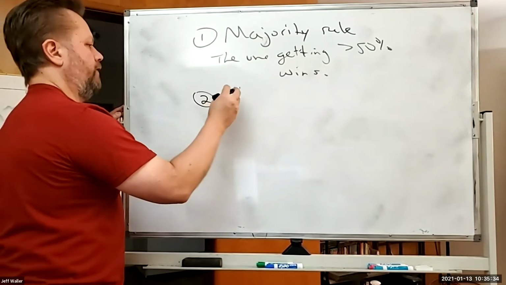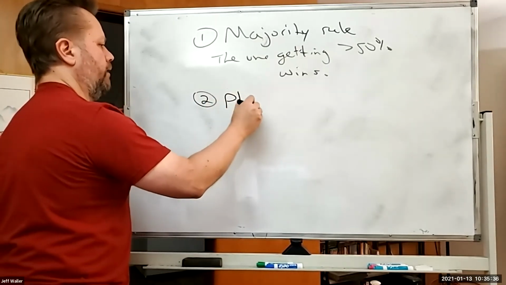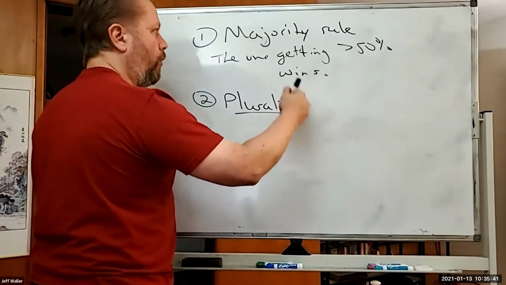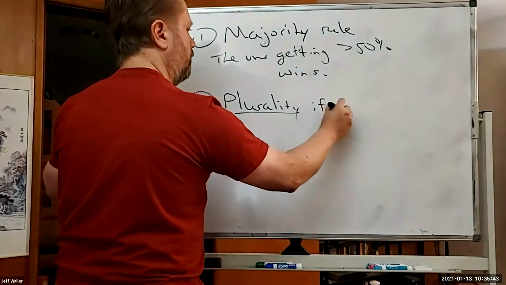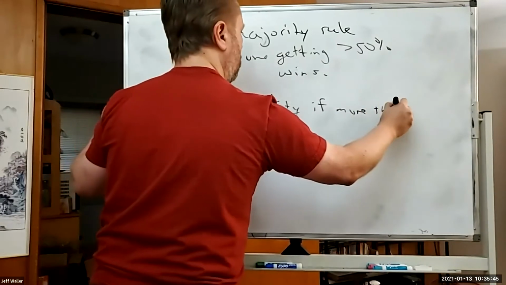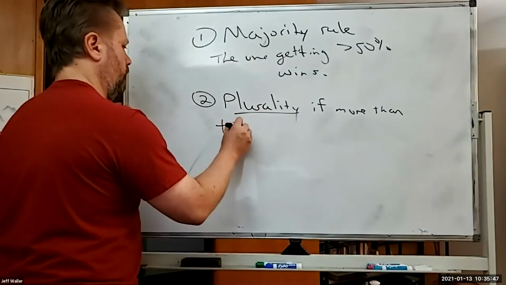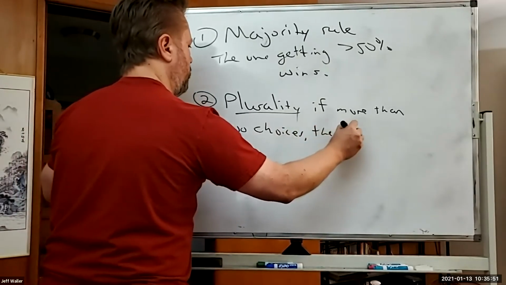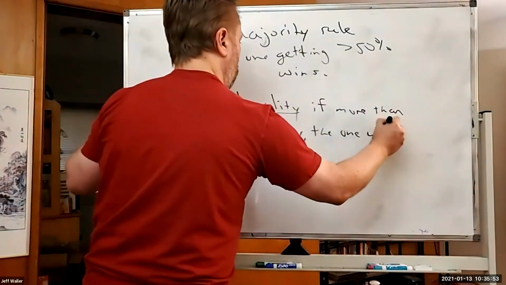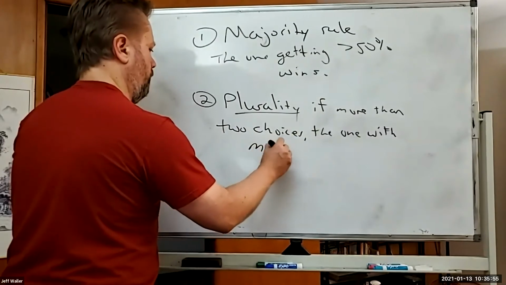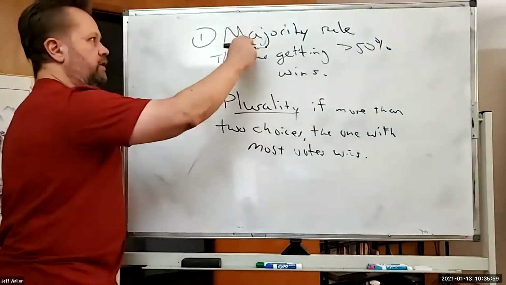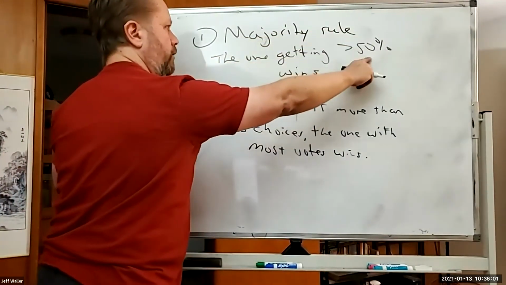Secondly, we have the idea of a plurality, which means if I have more than 2 choices, the one with the most votes wins. Majority specifically means greater than 50%.